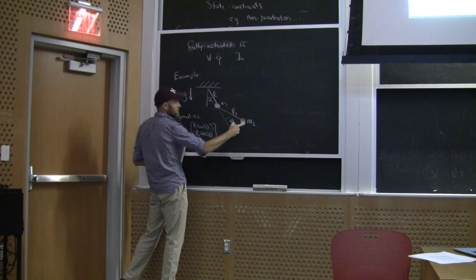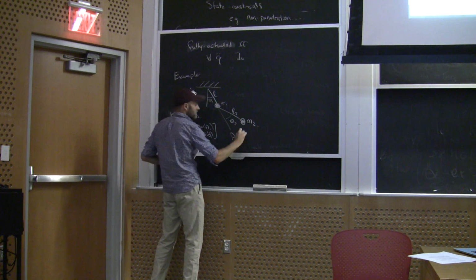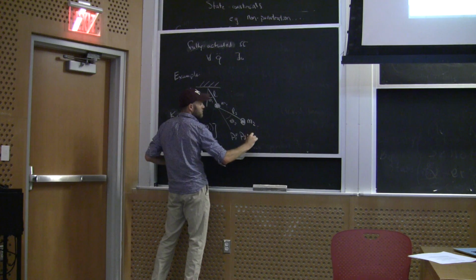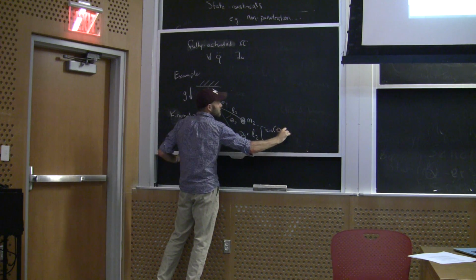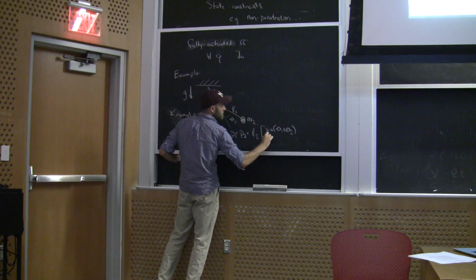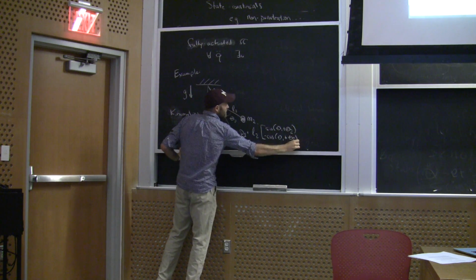And I can easily write P2 also. It's just that position plus L2 sine of theta 1 plus theta 2. You don't have to write this down. This is just to make sure I'm not pulling a rabbit out of a hat when we talk about dynamics, okay?